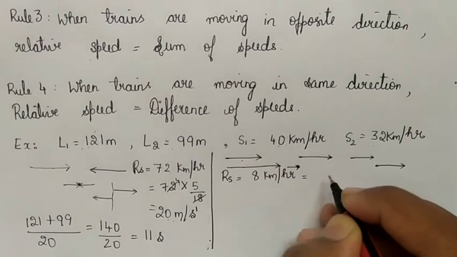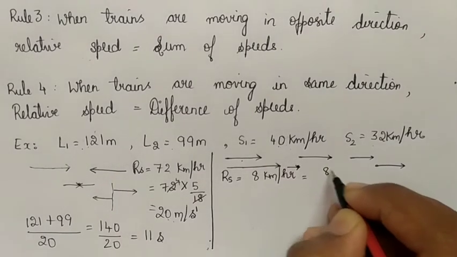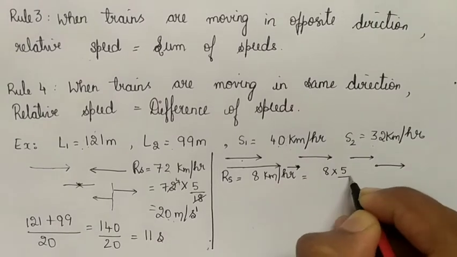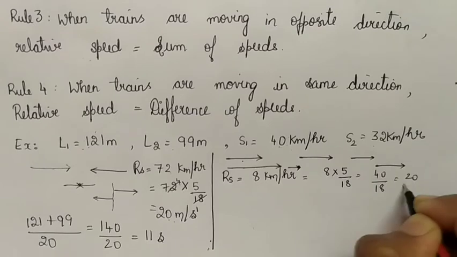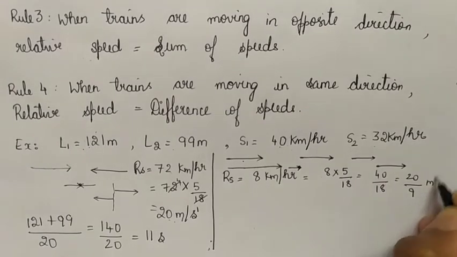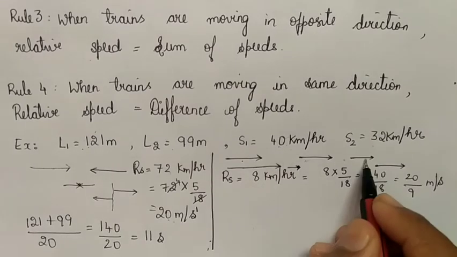If I convert it to meters per second, then it will be 8 into 5 by 18, 40 by 18, 20 by 9 meters per second. So this is the relative speed of both trains moving in the same direction.